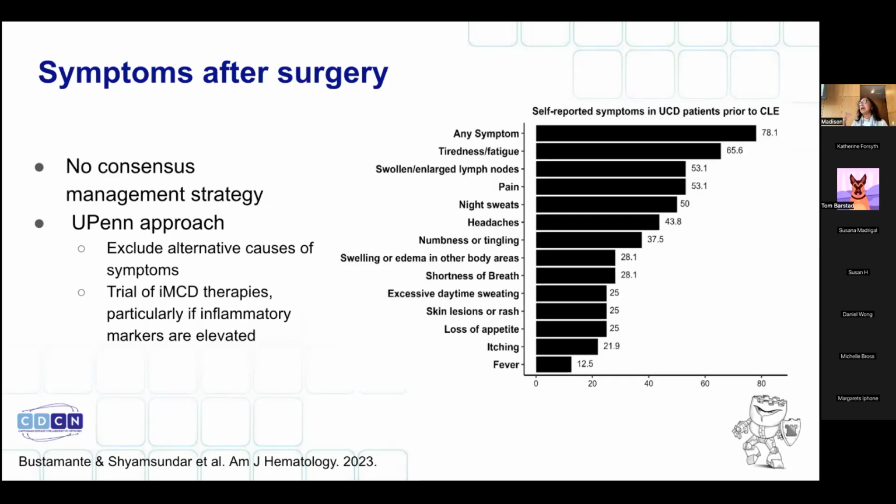And that is helped if we can see that the inflammatory markers are up. And that can include looking at things like CRP, which is a C-reactive protein, the ESR, VEGF levels. All of these levels are labs that your Castleman's doctor should be following if you're having inflammatory symptoms and we can't figure out why.